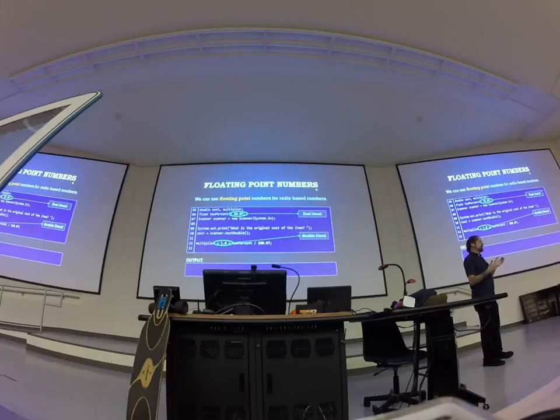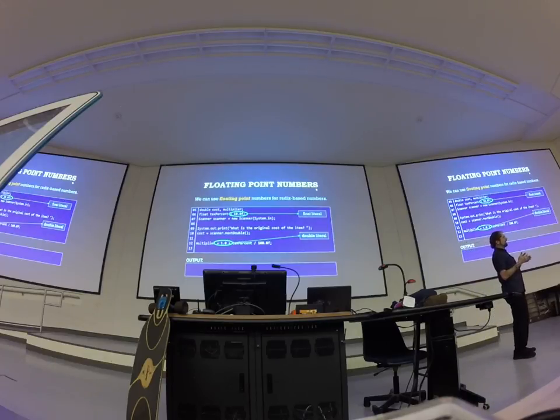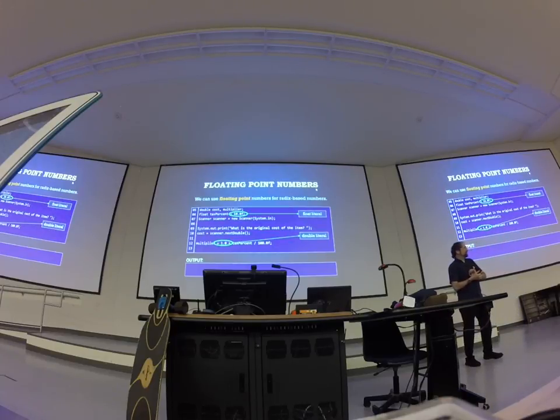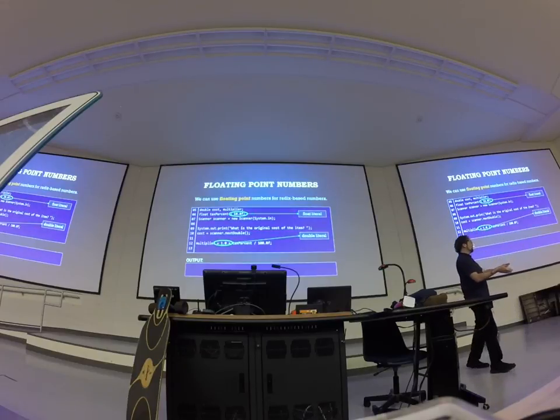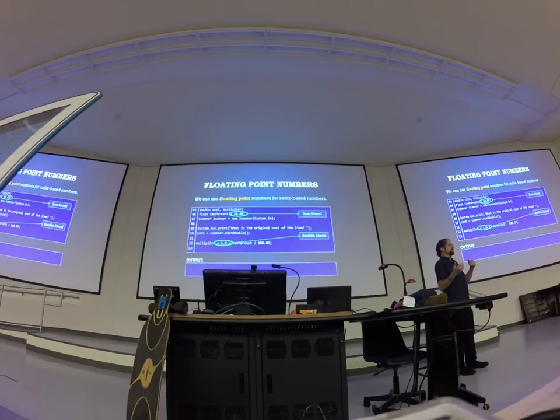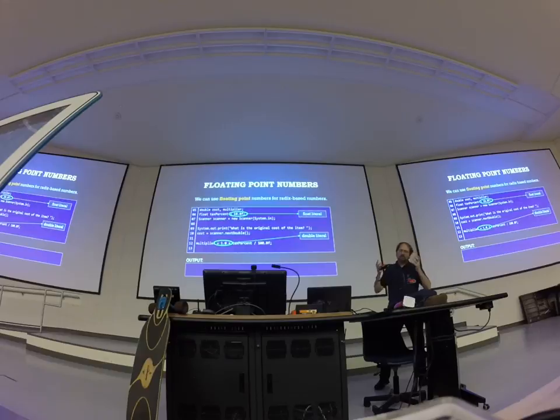In computers, it's not that straightforward because they use binary or hexadecimal, so it's not technically a decimal. So I can't say decimal point because that might confuse people. But in human numbers, the radix that we use is a decimal point. For computers, it's not the same because it's not based on the number 10. It's based on binary or hex. Does that make sense? Okay. So when we say radix, you can pretend in your mind that it means decimal.